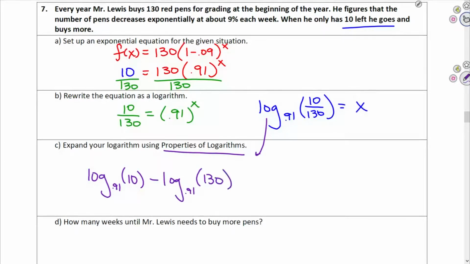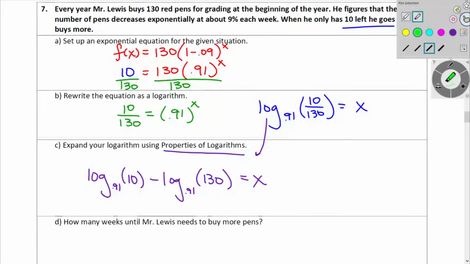So subtracting, I have numerator minus denominator, 10 positive because it's in the numerator, 130 minus because it's in the denominator, equals x.